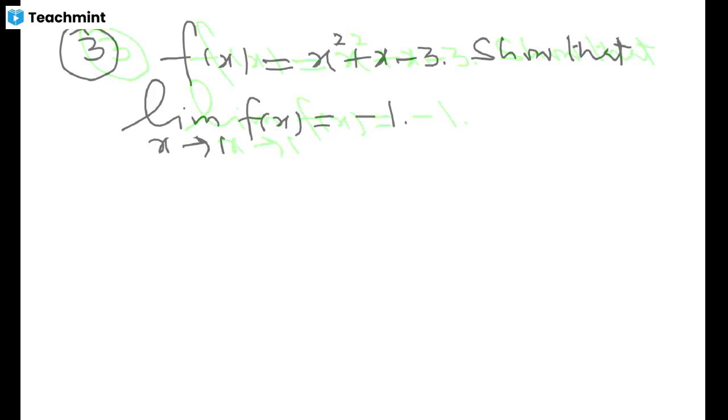What is -1? -1 here is actually the value of the function at 1. This is actually f of 1.